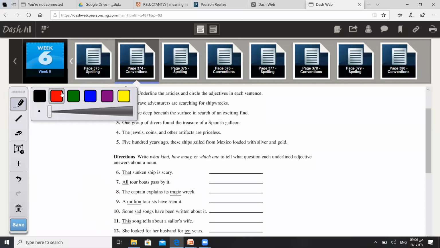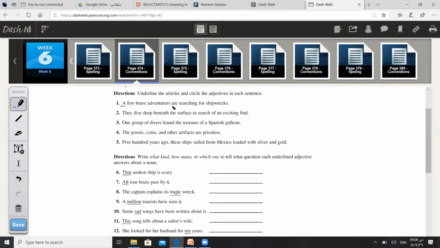Don't write, please. So only A is the article. Now, where is the adjective? A few brave adventurers. You and brave, both are adjectives.